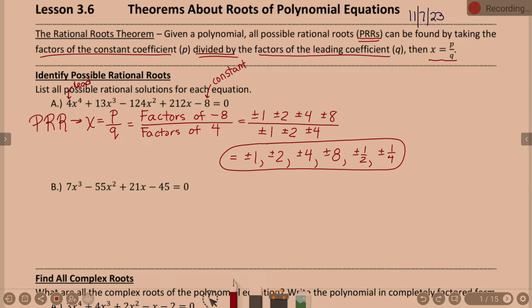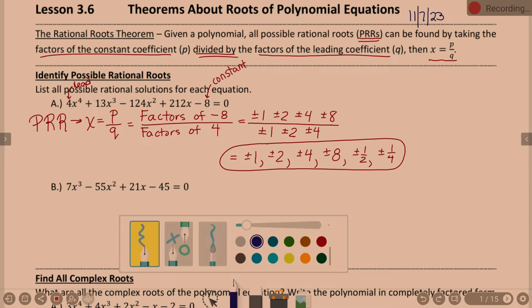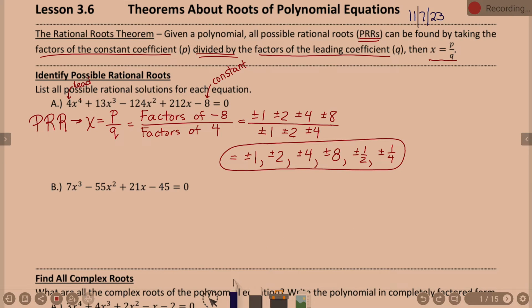Okay, shall we try B? Seven x cubed minus 55x squared plus 21x minus 45 equals 0. Okay. Thoughts on PRRs?